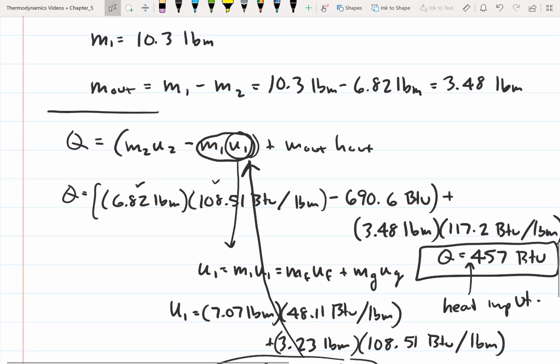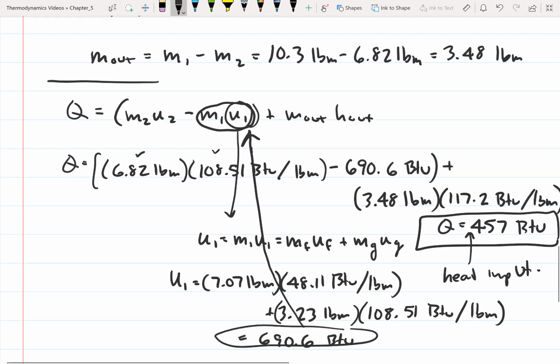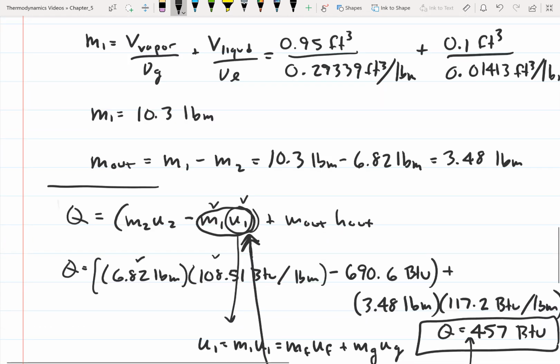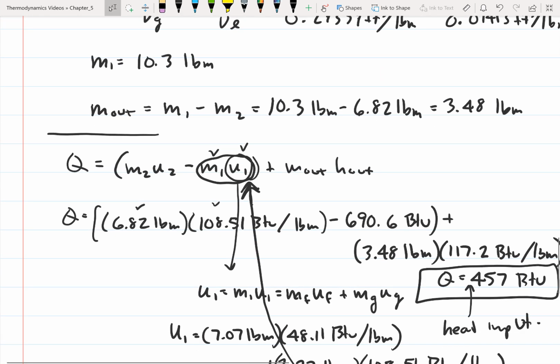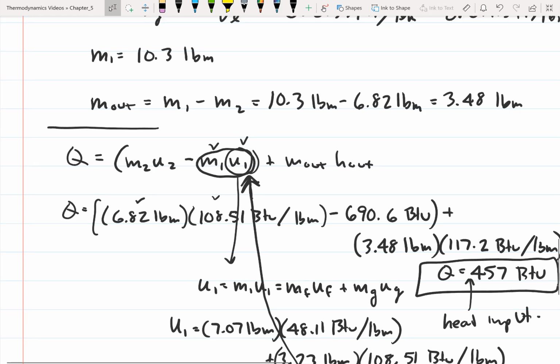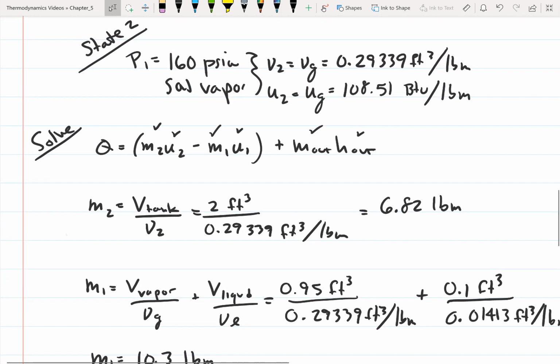And this right here, is where I realized, oh, I can't just plug in M1 and U1 because that was a saturated mixture, so I need to calculate U1 from this saturated mixture. That's okay if you end up having to go back and do a calculation or write another equation, because sometimes you might get this far and then realize, oh, I actually need another equation, and then you can just add that equation.